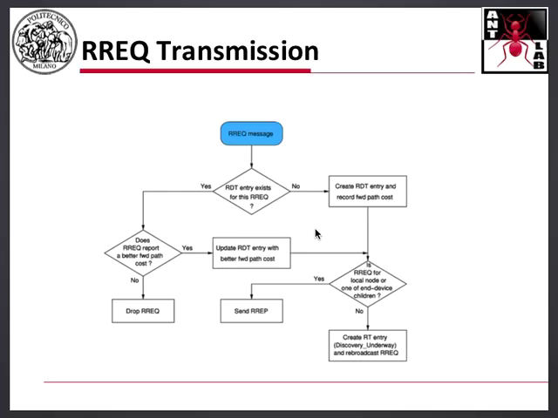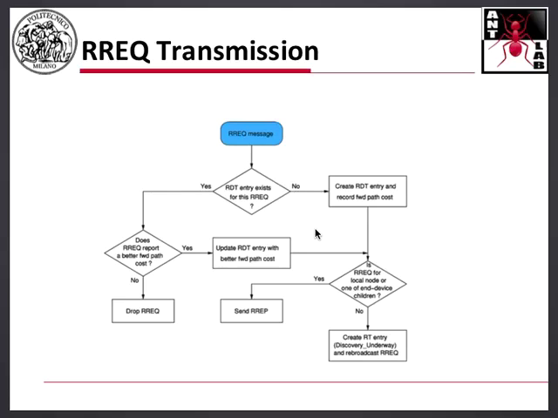The yes part is: an entry for that specific route request message already exists, which means that we have already received previously a route request message for the same source destination pair, I would say. So from the same source requesting the same destination, okay?